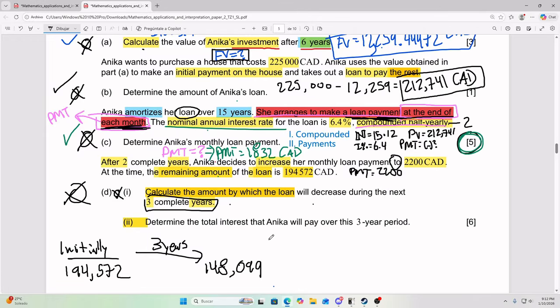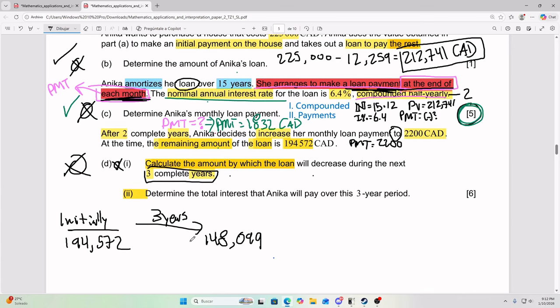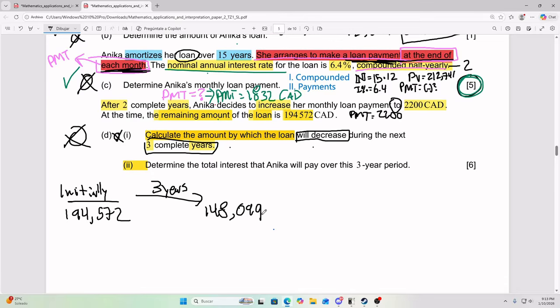Because it's 0.98.99, I'm just going to leave it as 0.99. All right. And so part DI is asking for us to calculate the amount by which the loan will decrease. So by how much did it decrease? Well, if initially it was 194,000 and after 3 years it reached 148, it decreased by that amount. So 194,572 minus 148,099 is by how much it decreased.